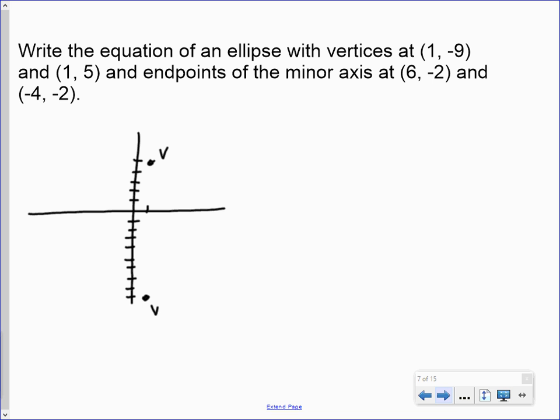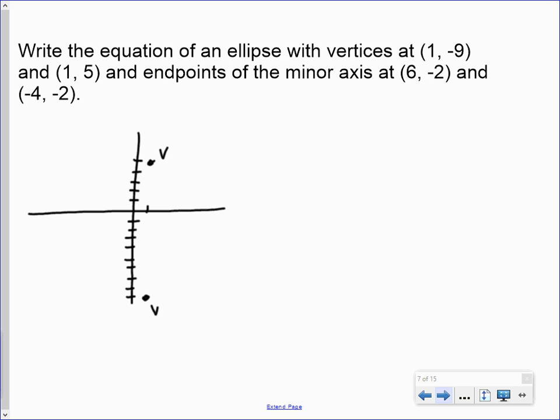If those are my vertices, what do I instantly know about my ellipse? The major axis is vertical. What did you say, Blake? It will cross the x-axis, the major axis will.